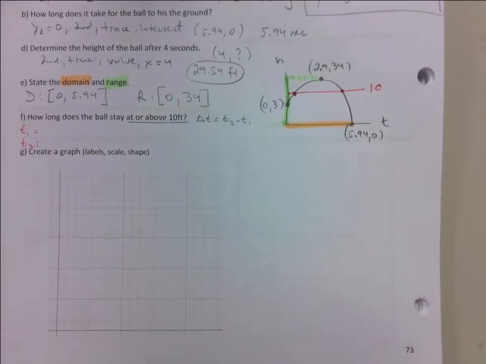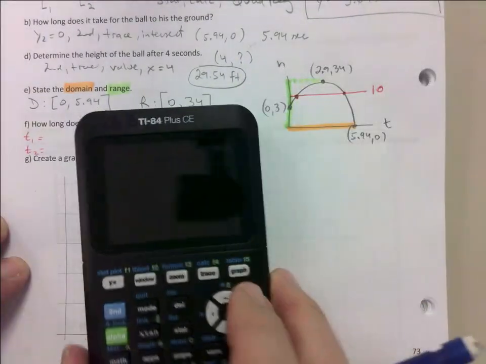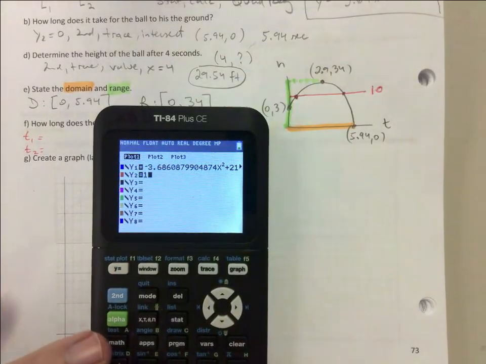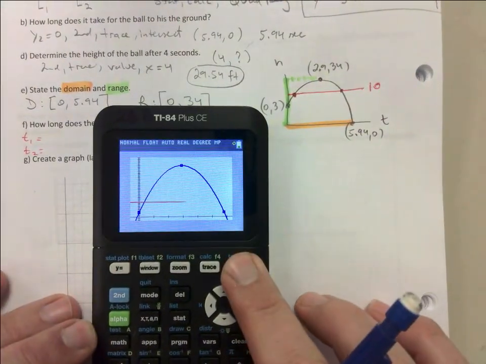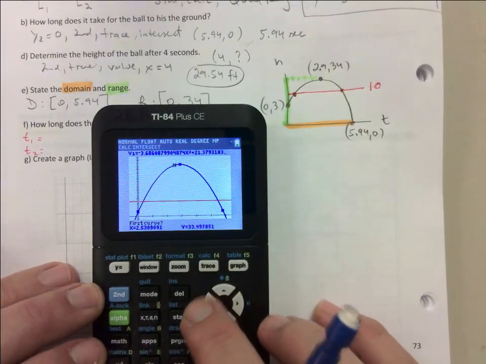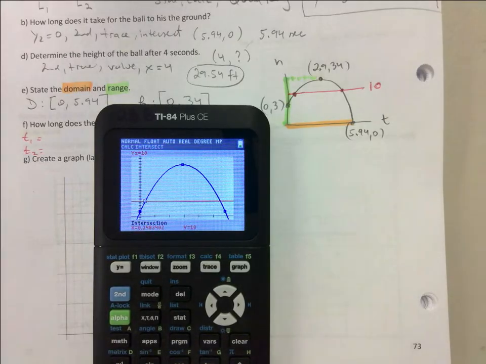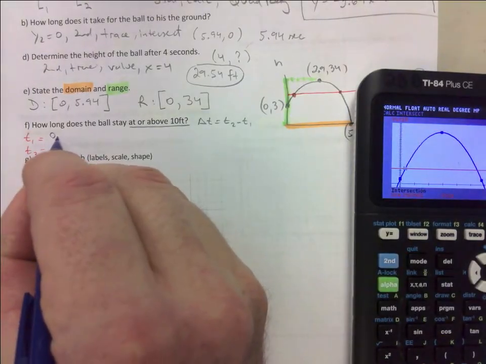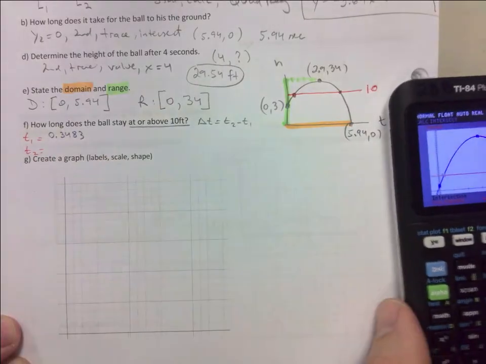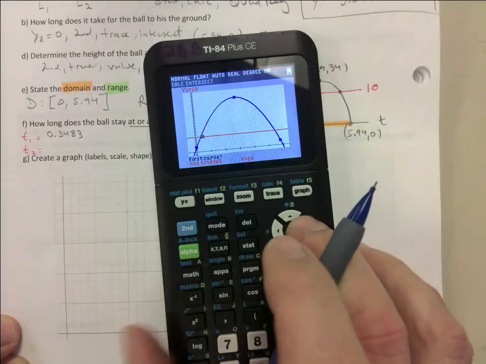Page 73. Y2 is equal to 10. Hit graph. There it is. I'm going to figure out both of those instances. Enter, enter, enter. The first one is 0.3483. The second one, I'm going to skip.